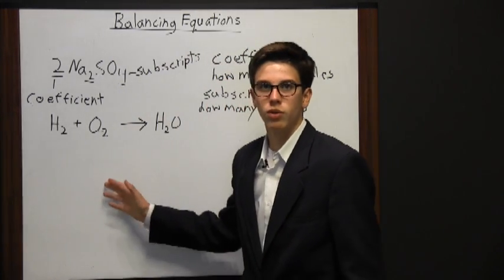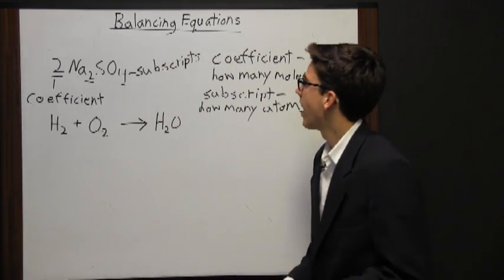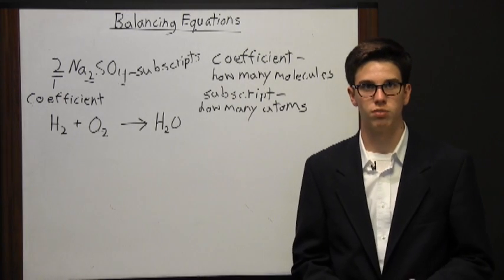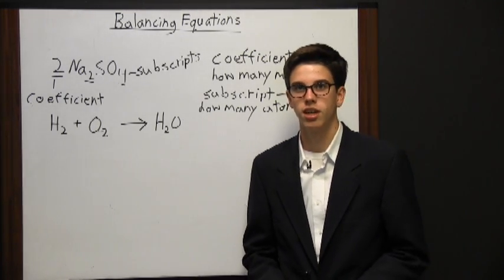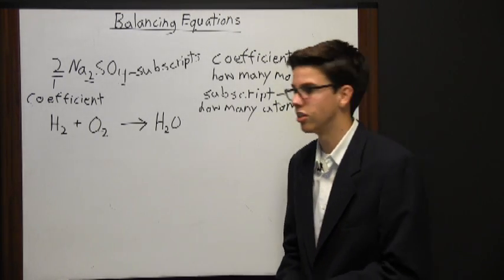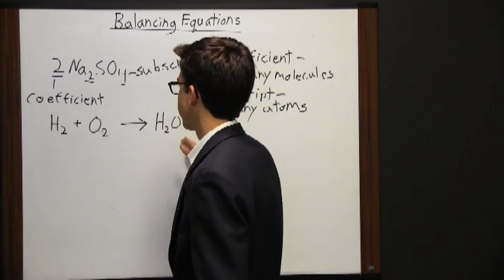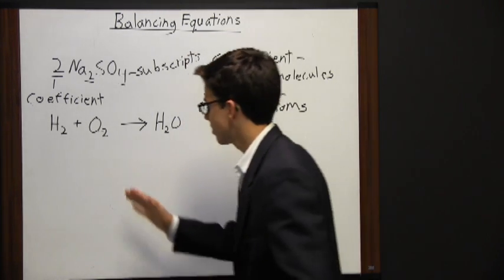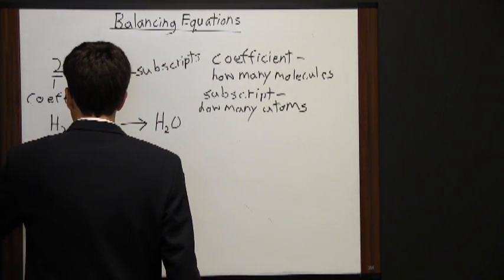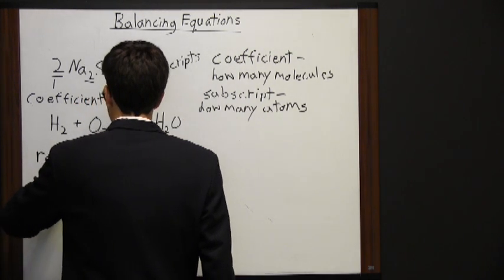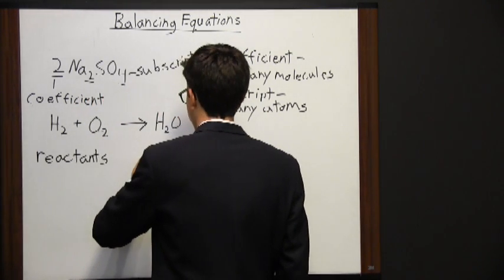So right here, we have a great example of how to balance a chemical equation, because we have diatomic hydrogen combining with diatomic oxygen to form water, H2O. Now, the reactants are always on the left side of the equation, and the products are on the right side of the equation.